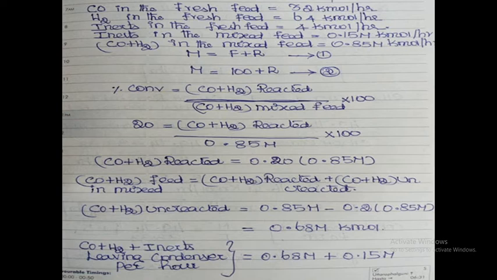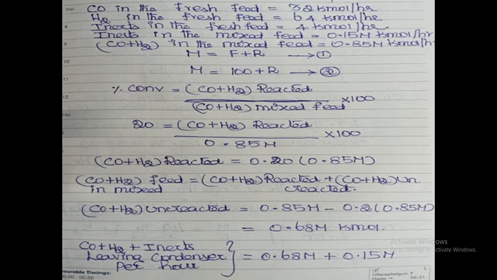So 15% inerts is present in the mixed feed. How much mixed feed, we don't know, so capital M is the mixed feed. From capital M, 15% inerts is present. What is the meaning? 0.15 times capital M kilomole per hour. If 15% inerts is present in M, what about the rest of the percentage?